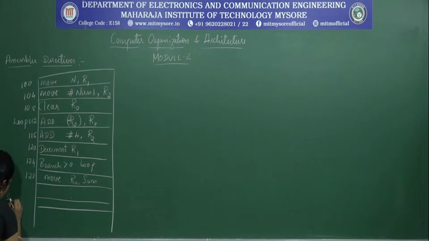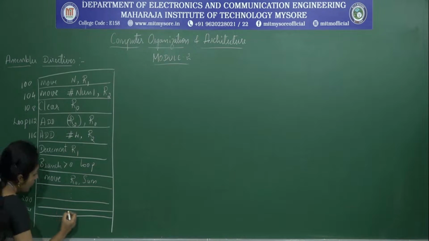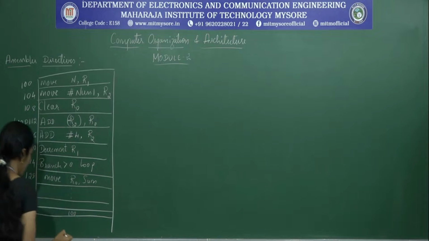Next, let us assume we have sum at 200, and let us assume at 204 we have the n value, and let us assume the n value is 100.